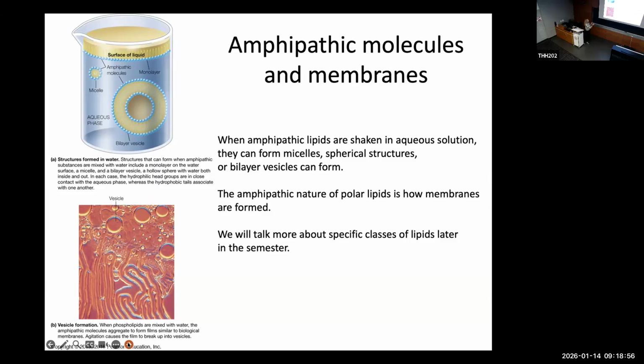And then these tails, which just have carbons and hydrogens, no charges, are hiding. Okay, so they will assemble into things like vesicles, and this is a bilayer. You have two layers of the lipids. They can also form a monolayer at the surface where the tails are just pointing up and the heads are just resting on the surface of the water. So you can actually see these form on their own. And that's the hydrophobic effect, essentially, what's going on.